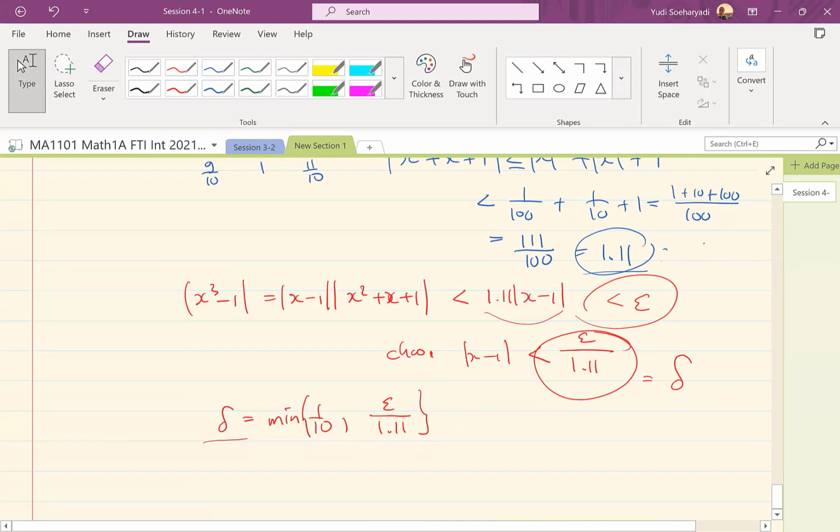The second one. The second one is easier because it is bigger. Bigger means, from the point of view of a contractor, the bigger the error allowed in x, the easier it would be for you. That's good for you.